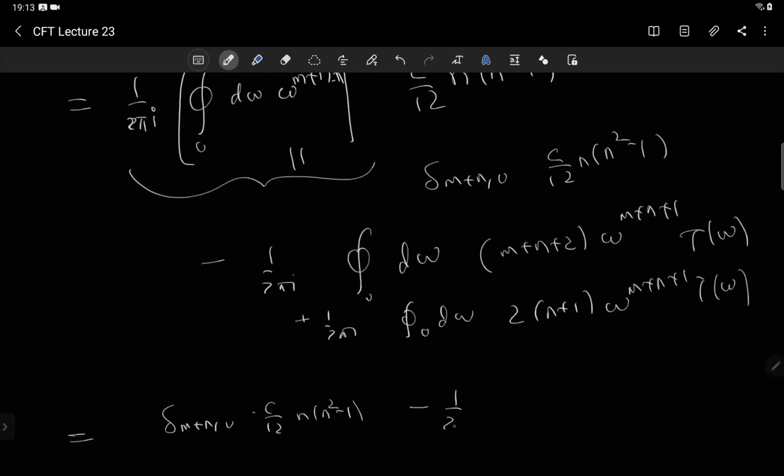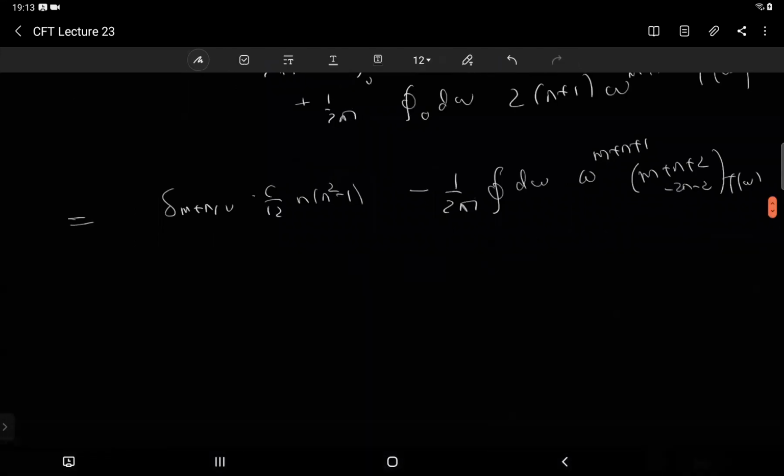এবং তারপরে সেকেন্ড টার্মটা হচ্ছে মাইনাস 1/2 পাই আই ইন্টিগ্রাল কন্টুর ডি ওমেগা। এই দুটোকে অ্যাড করে দিচ্ছি, ওমেগা টু দ্য পাওয়ার m প্লাস n প্লাস 1, আর এখানে আসছে m প্লাস n প্লাস 2 মাইনাস 2n মাইনাস 2 টাইমস টি ওমেগা। তাহলে এটা হলো m minus n, right?